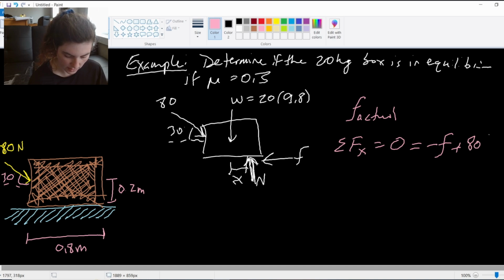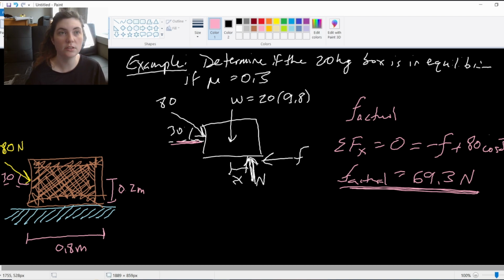So that's 80 times the cosine of 30. Easy enough. F actual equals 80 cosine 30, which is about 69.3 newtons when I plug that into a calculator. So now I have F actual.